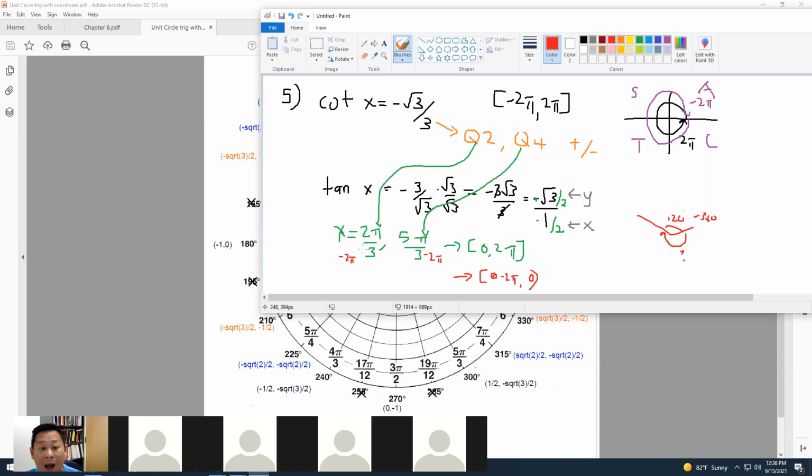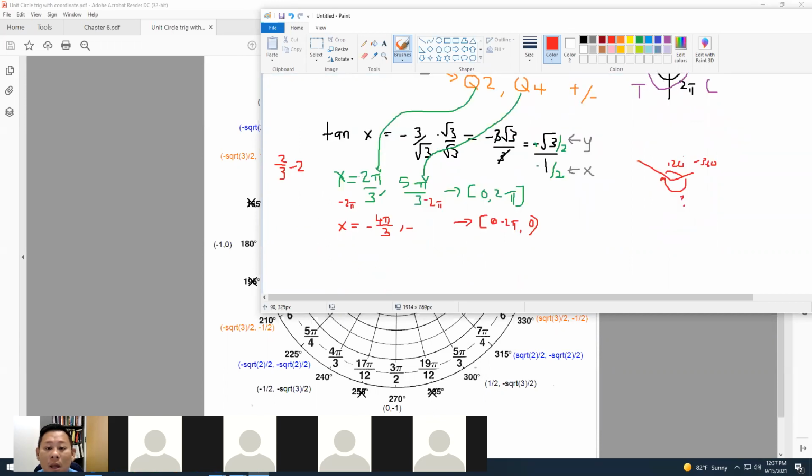So what you do in your calculator is you take 2 over 3, subtract 2, and you will get your negative answer. So anyone have an answer here? Both of them will be negative. When you subtract 2 pi, this is -4 pi over 3. And when you take 5 over 3, subtract 2, you will get -pi over 3.